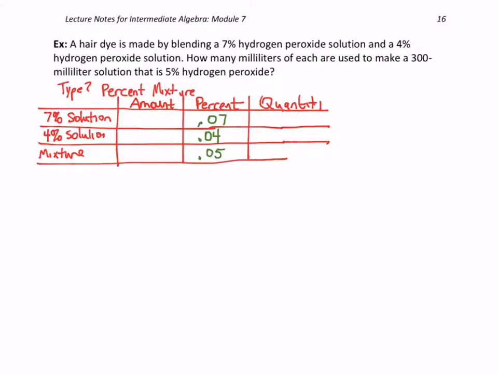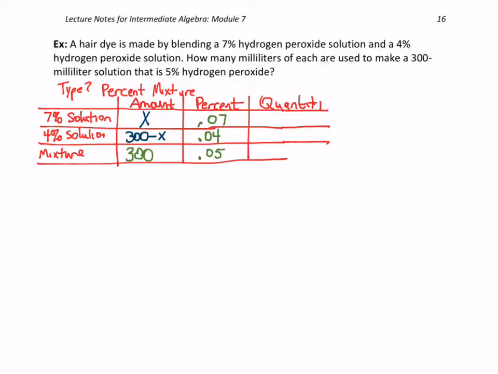All right, how much of each of these are there? I do know that there is a total that I want of 300. So what I will do is let one of them be x and the other one, like we did in class, 300 minus x.